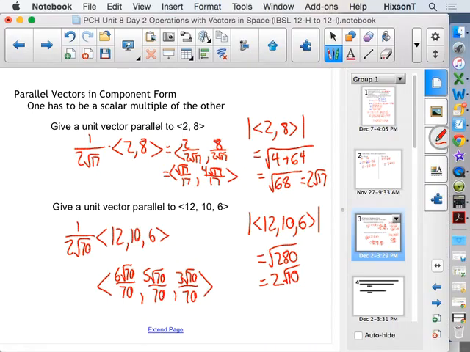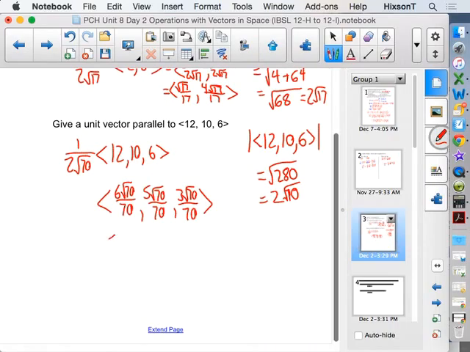And we should reduce if we can. So 6 over 70 would be 3 over 35. So 3 root 70 over 35. That's 1/14, so root 70 over 14. And that one doesn't reduce.